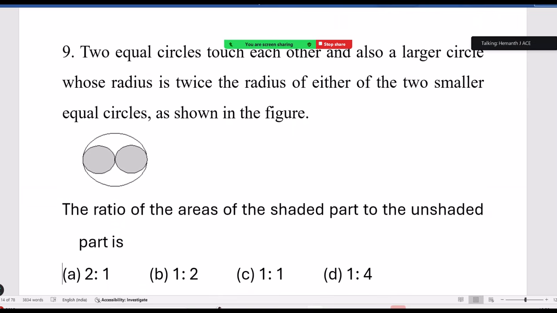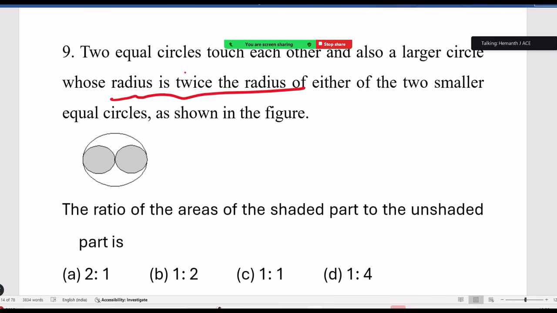Areas and volumes related question here. The ratio of the area of the shaded part to the unshaded one. You have to calculate the shaded region and unshaded region values. Sometimes if the diagram is not given we can also understand from the information given, but with the diagram you can clearly understand twice the radius.